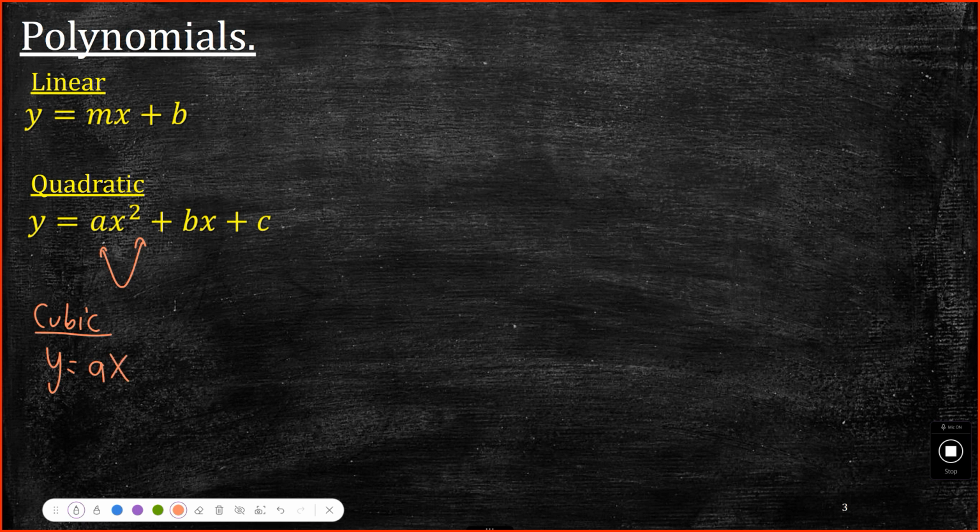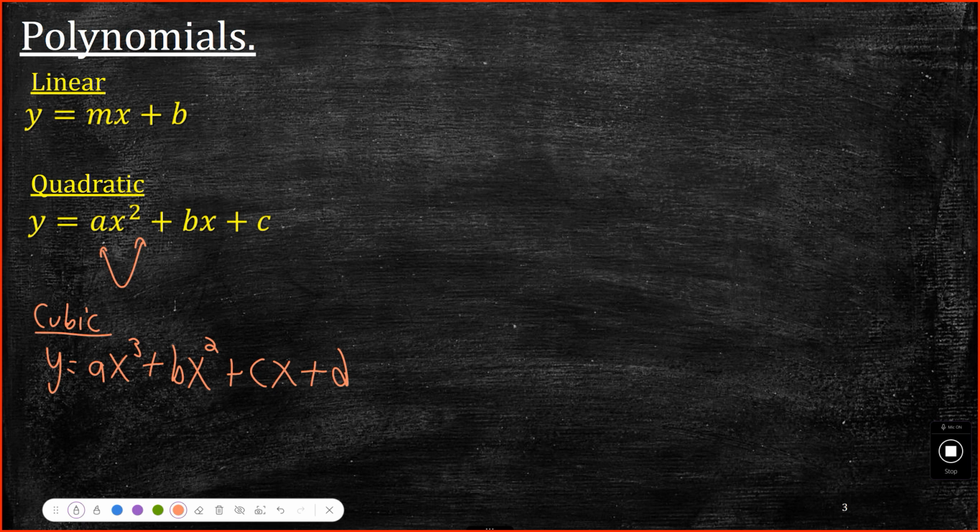It's going to be 3. Then what letter goes after a? b, x squared, plus what letter after b? c, x to the 1, plus what? d. That is a cubic function.